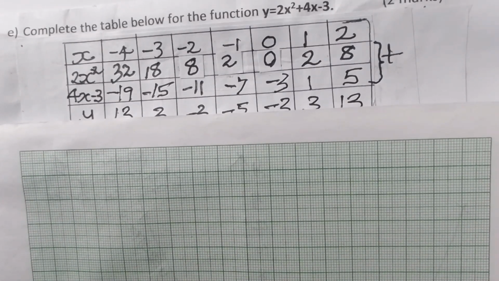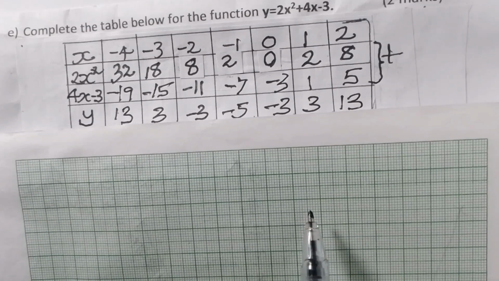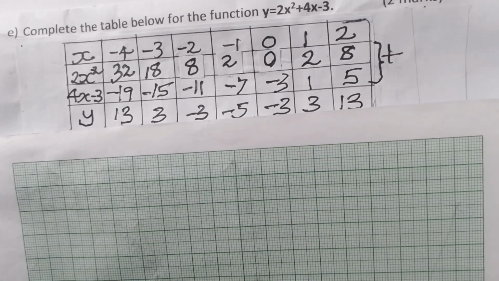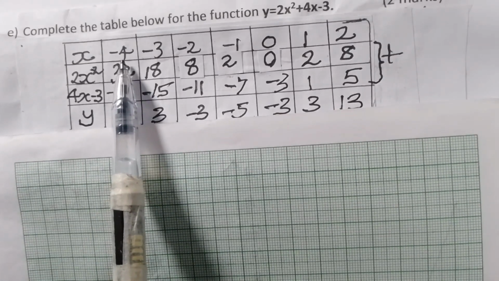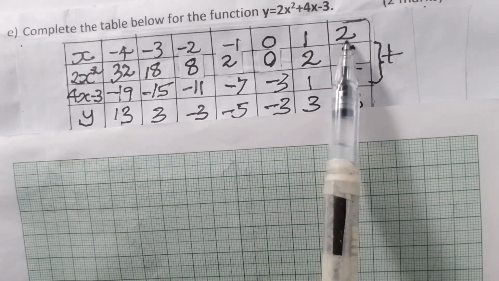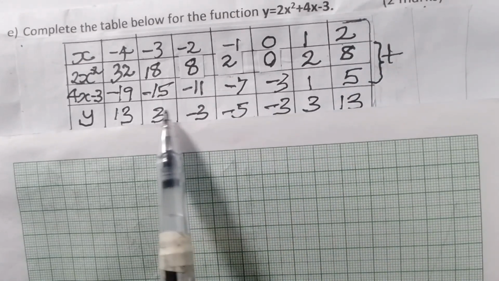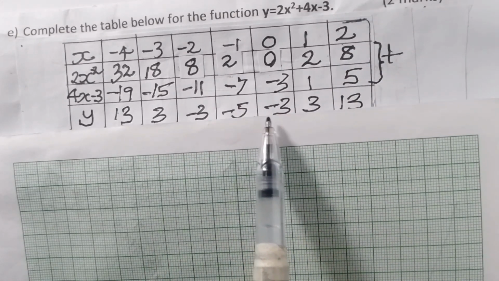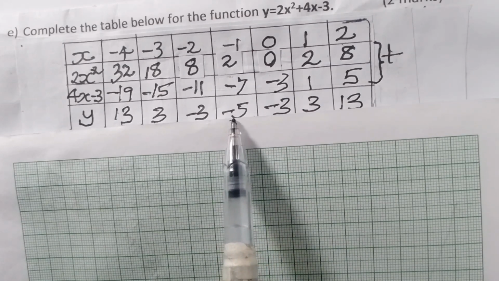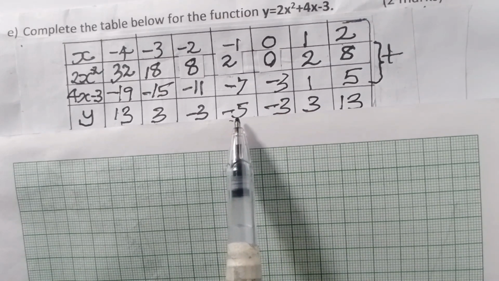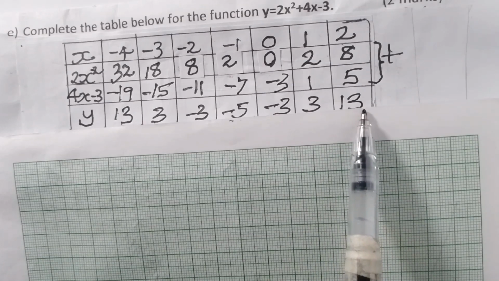So the most important thing first is to look at the range of the values of x and y. Our minimum value for x is negative 4, and our greatest value is positive 2. For y, the minimum value is negative 5, and the greatest value is positive 13.